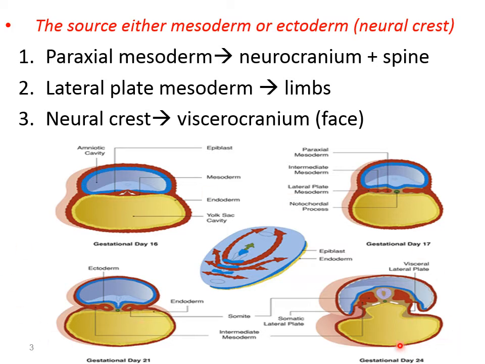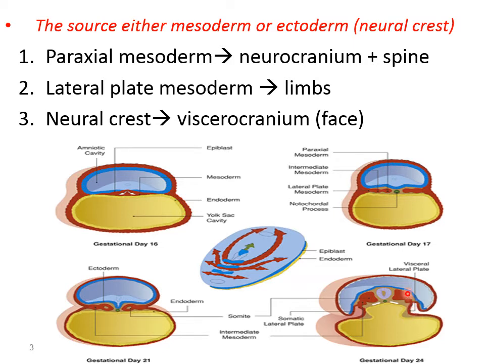You will see in gestational day 24 more differentiation of the mesoderm into somite, intermediate mesoderm, and the lateral plate mesoderm, which is differentiated into two layers: somatic lateral plate mesoderm and visceral lateral plate mesoderm.